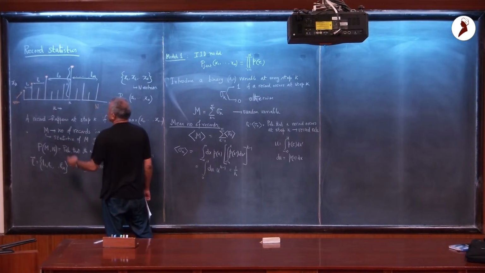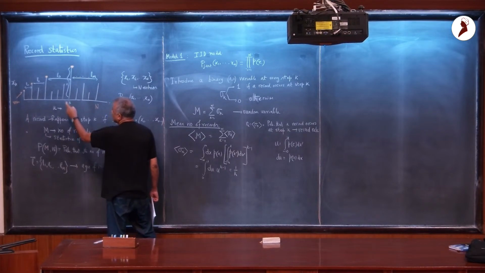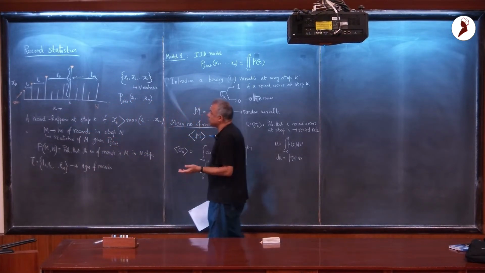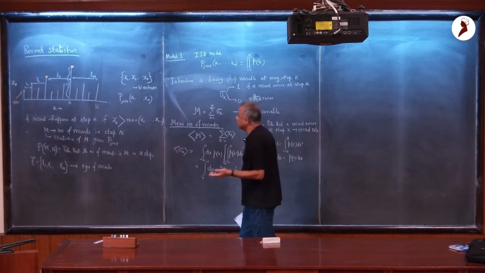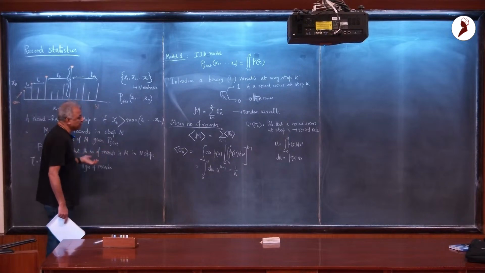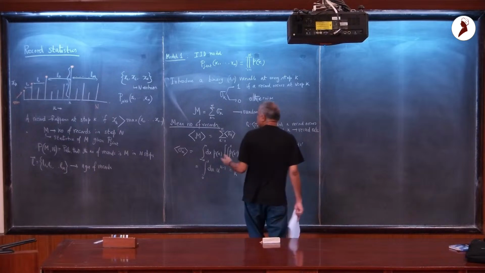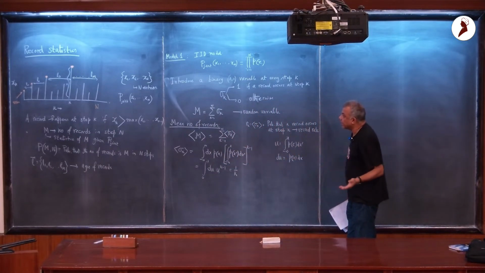So the probability that the record occurs here is exactly the probability that T max, what we did in the last class, is equal to k. Now T max is uniformly distributed, we have seen that. So the probability that T max will be k is just 1 over k. Basically any of the k guys can be the maximum. So what's the probability that the last guy is the maximum? It's just 1 over k.